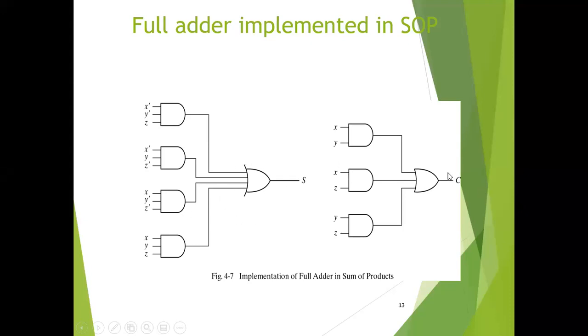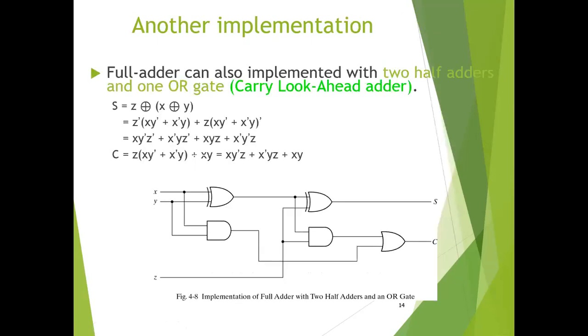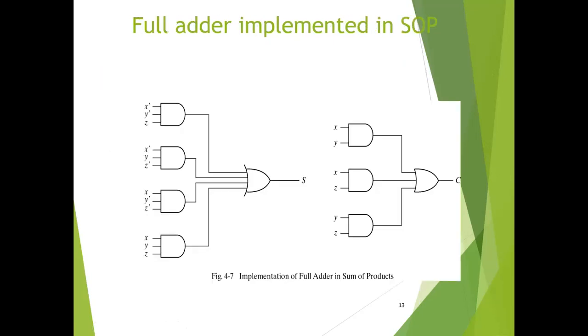And this is the implementation of the carry output bit, which is also a sum of products. Both products are obtained by using AND gates, and the sum is obtained by using the OR gate. By using these implementations, we can easily find the output of the given circuits.